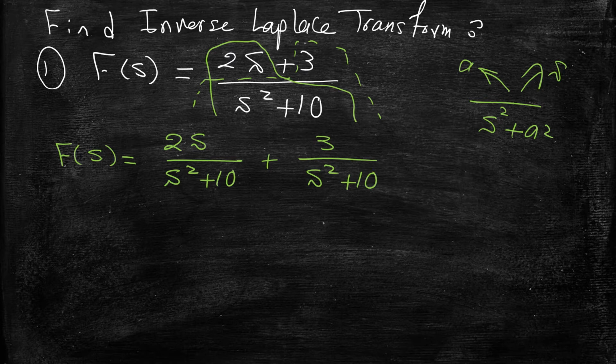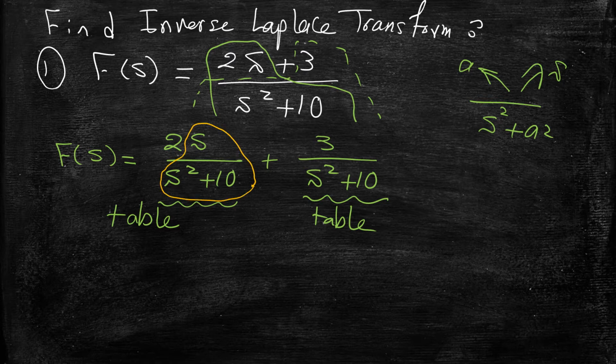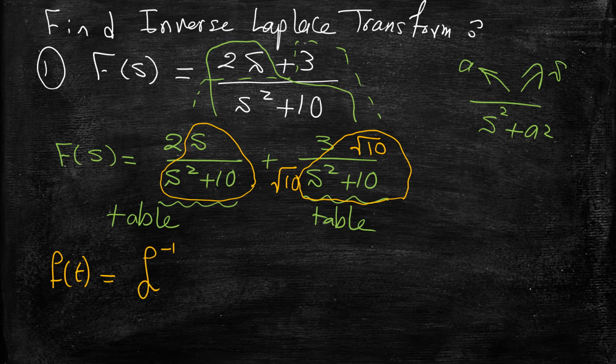In this way, this is something from the table, and this is also something from the table. Just a small modification: this part is actually a cosine, and this part is a sine, but it needs something. So we can add this a, which is root of this number, and divide by this number, so we did nothing. Now we can write down f of t as the Laplace inverse of this F of s.